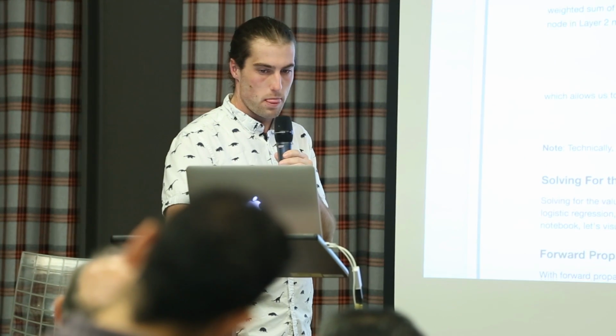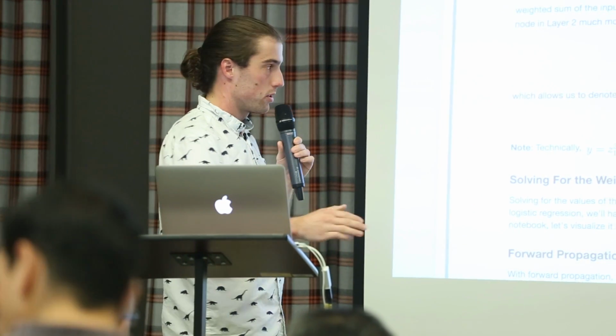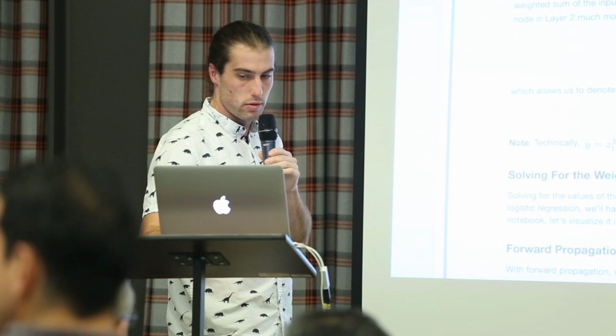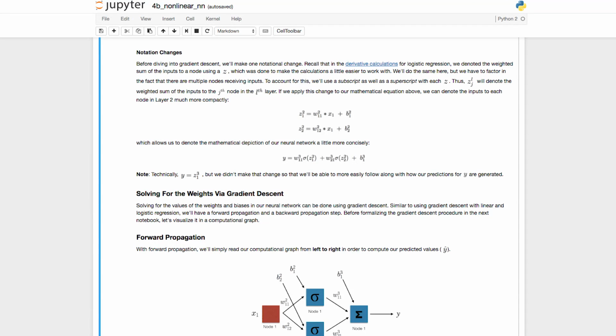So in terms of the derivatives, we're going to make some quick notational changes, and I'm going to go through these somewhat quickly just so we can get to code. We're going to denote the weighted sum of inputs to each node in the first layer with z's, and we're going to have subscripts and superscripts for those.